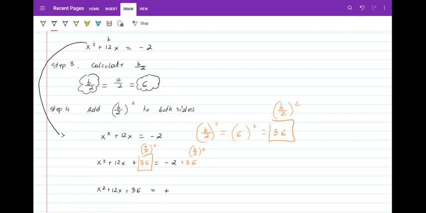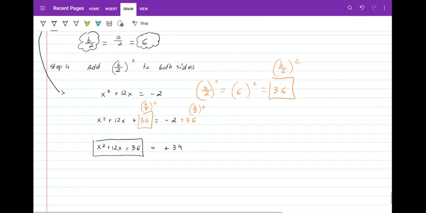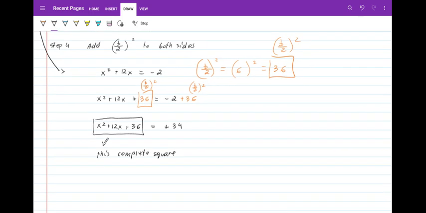Here, we will get just positive 34. So this is a perfect square we can factor. So this is completing the square. So we're going to factor.